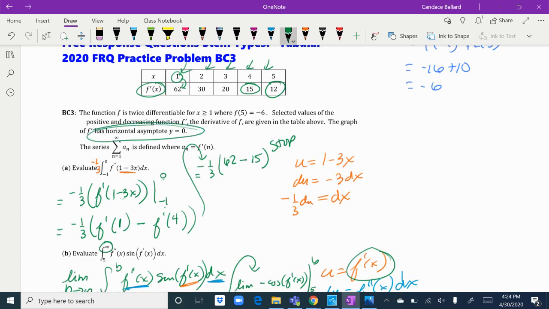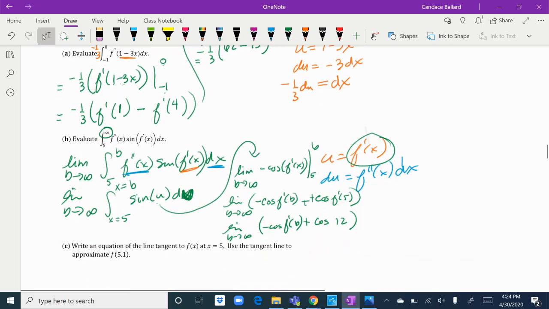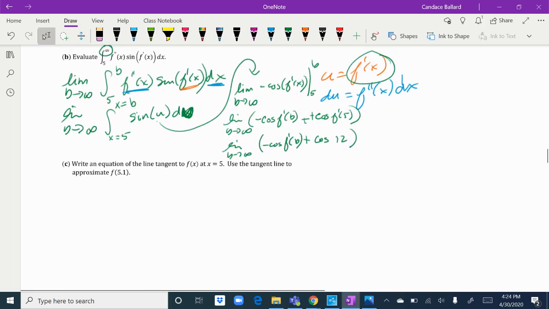It says that there's a horizontal asymptote at y equals 0. Okay, so the derivative has a horizontal asymptote at y equals 0. Well, that means that the limit really can't get any bigger than 0. It has to do with the limit here. So it implies that this part here comes from the horizontal asymptote equaling 0. So basically what happens is I can plug in a 0, not that whole thing, I'm sorry.